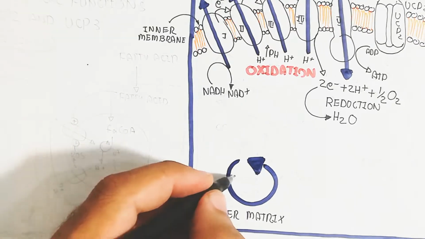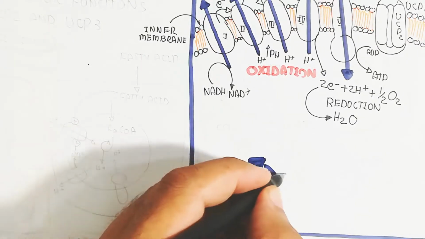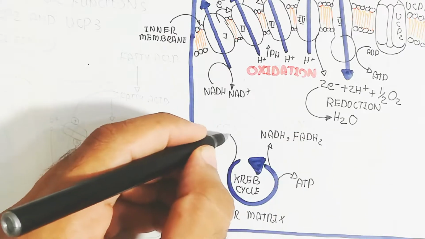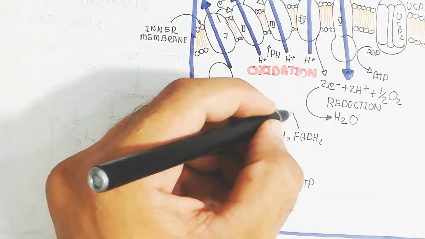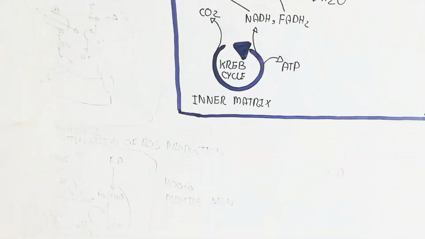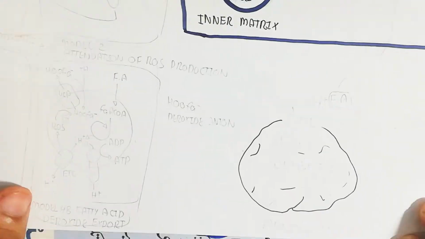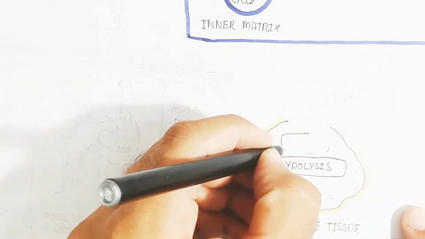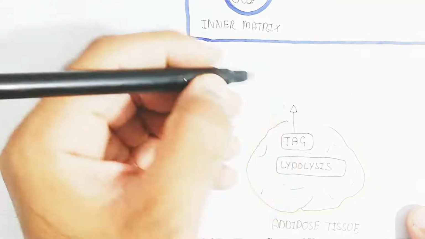Here is the inner matrix, which contains the Krebs cycle, where acetyl-CoA comes from glycolysis to pyruvate and is converted to acetyl-CoA. This is used to produce NADH and FADH2, which are used for the proton pump out for energy production and heat production.